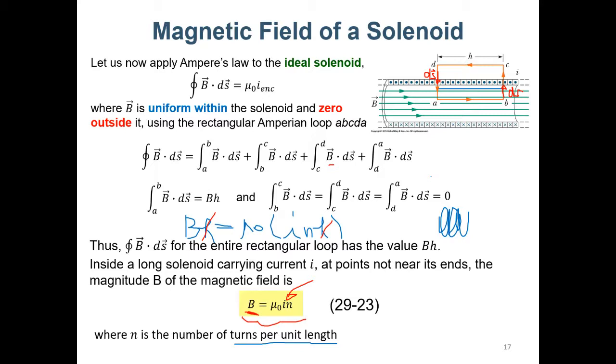So B is perpendicular to ds for BA and BC, so these two are 0 because they are perpendicular. And for this part, it is outside, so B equals 0 outside the solenoid. So this is 0 for a different reason. So the only non-zero part is this one.